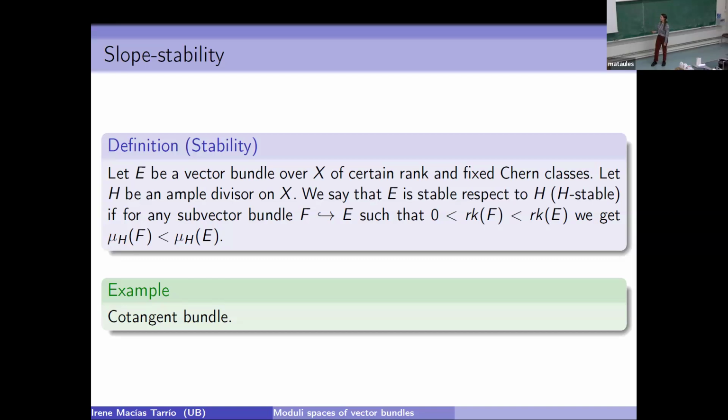It's important to see that it depends on an ample divisor, so we first fix the ample divisor and then we define the stability. For example, the cotangent bundle, as I said before, is an example of an unstable vector bundle.